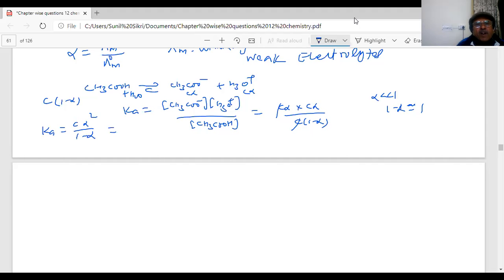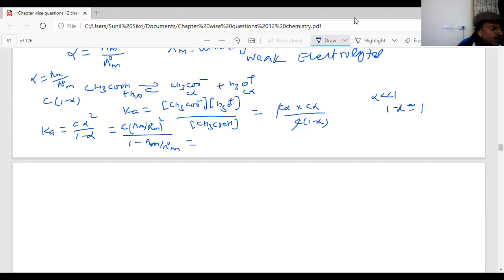Put the value of alpha from here. What is alpha? We have already said alpha is lambda m by lambda 0 m. So you put the values here, and you get C times lambda m by lambda 0 m whole squared, over 1 minus lambda m by lambda 0 m. So we can derive a relationship.